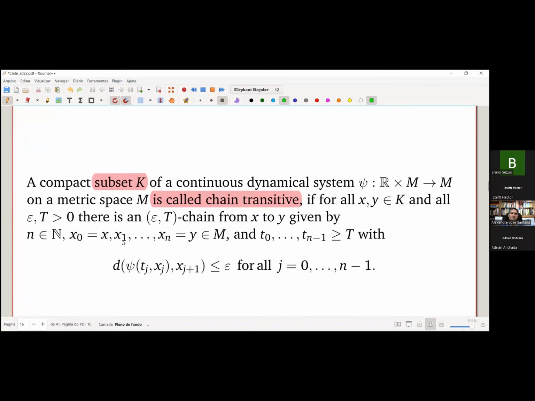Now, we have this notion of chain transitive set. So what does chain transitive set mean?